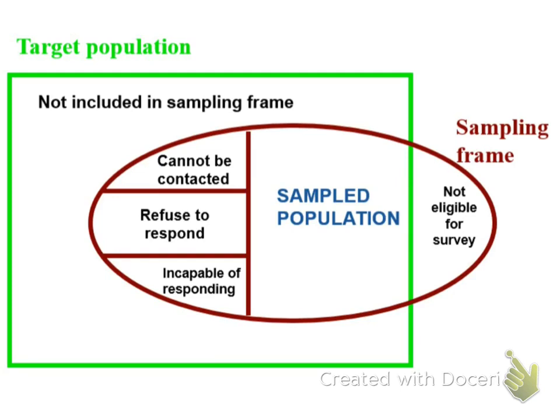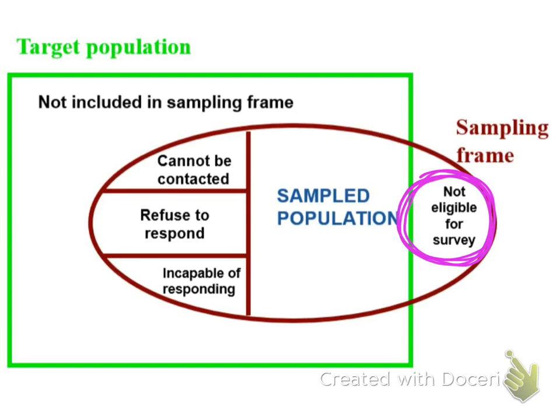So, for example, if I think about people who are just visitors, parents that might come into the school, for example, they are not part of my target population, but they might be on the list in my database of all contact details for every student, which includes the list of all family members, mum and dad or caregivers. So they would be part of my sampling frame, but I would say they are not eligible for my survey.